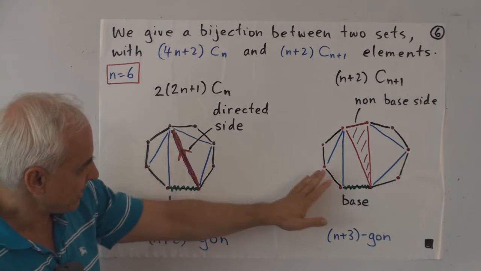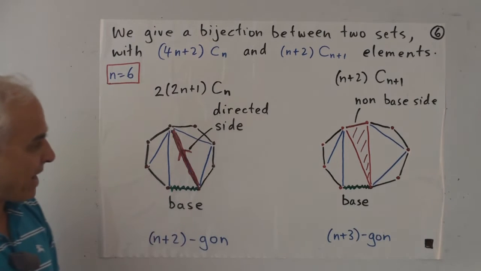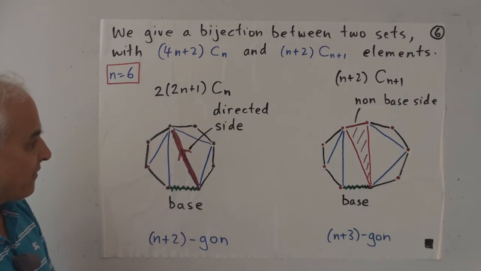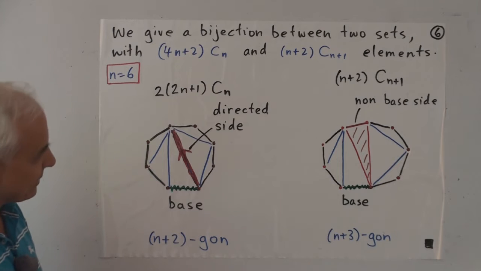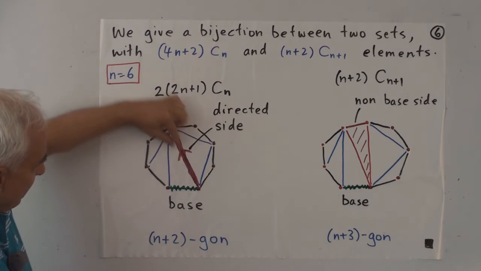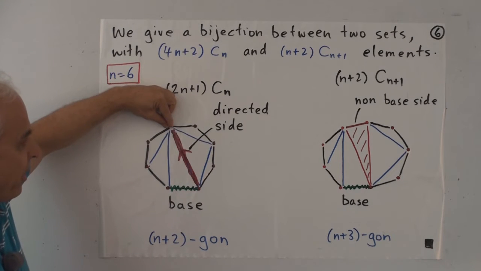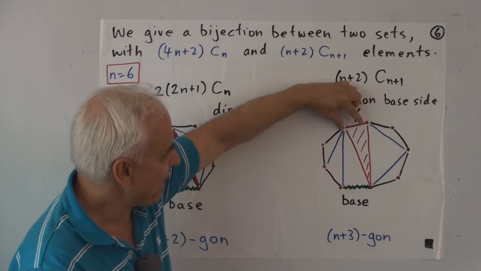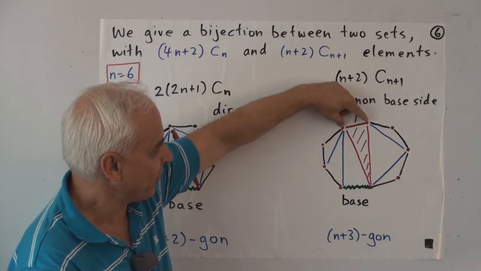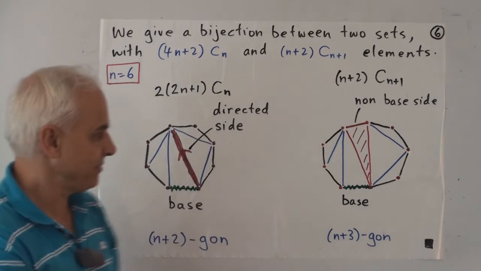And I hope that the example that I've shown you here makes it a little bit suggestive what I'm going to do. You can see that these are almost the same, except that where the thickened red edge was here, we've kind of popped it open to make a new triangle with this new side inserted.